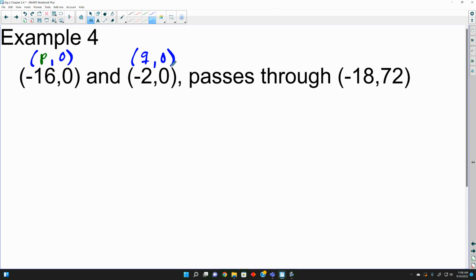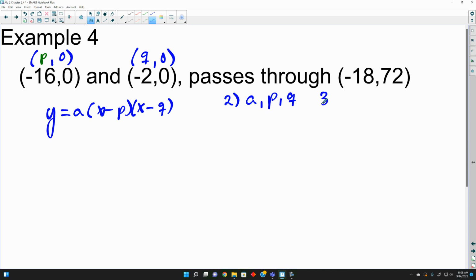So our starting equation is y equals A times (x minus P) times (x minus Q). And when you're doing these on the homework, you could go on and plug them in at this point. We don't have to go through the same stepped out process we've been doing. Because again, we know that we're trying to find A, P, and Q. And we also know that P is -16 and Q is -2, or vice versa.